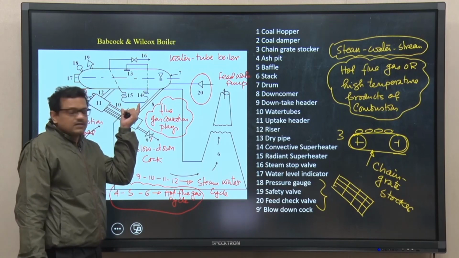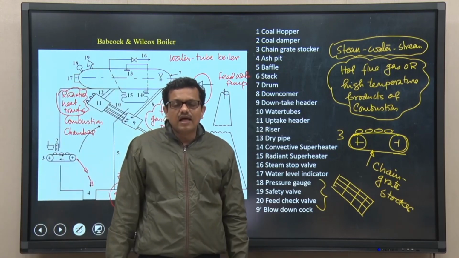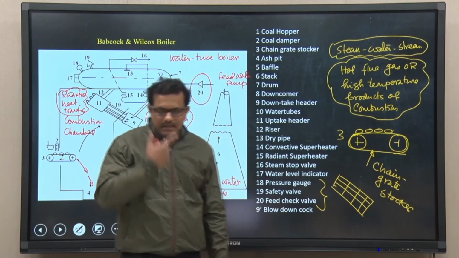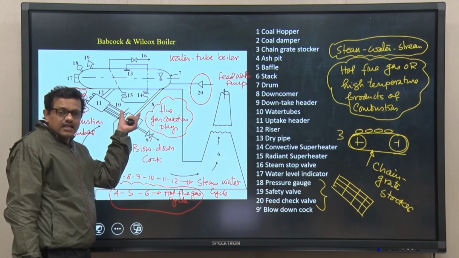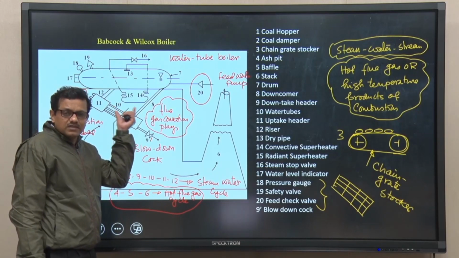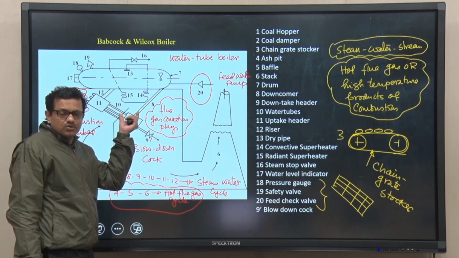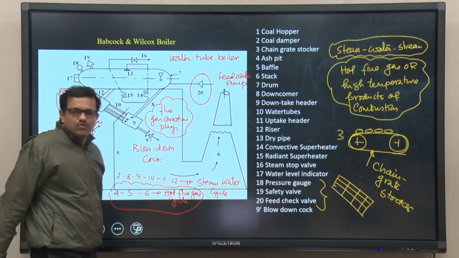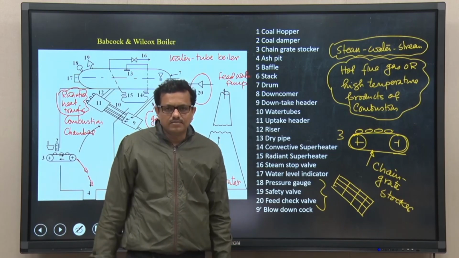Had the case been that water is passing through the shell and flue gas through the tube, that is the fire tube boiler that we will discuss later, the shell has to withstand that high pressure. The thickness of that particular component should be designed accordingly.